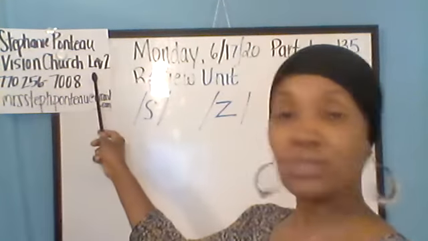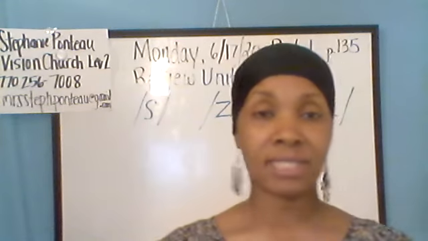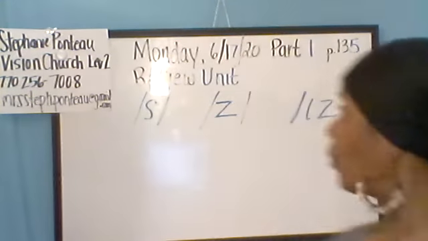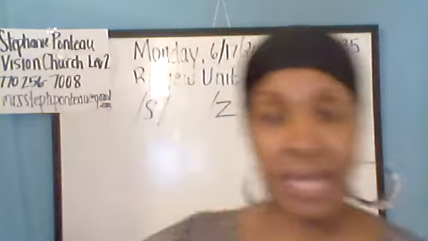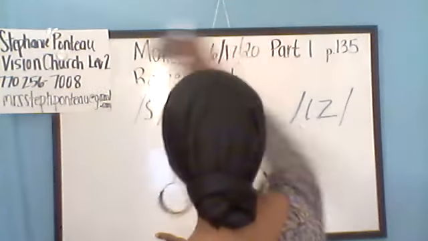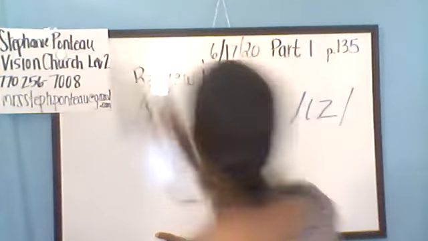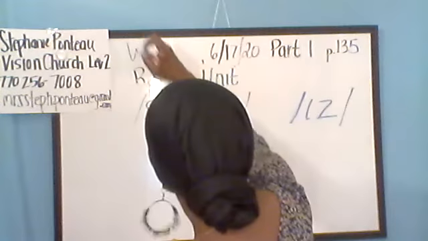This is the Vision Church Level 2 class. This is the class for actually Wednesday. I have Monday still up there from the last lesson, but this is Wednesday's class.